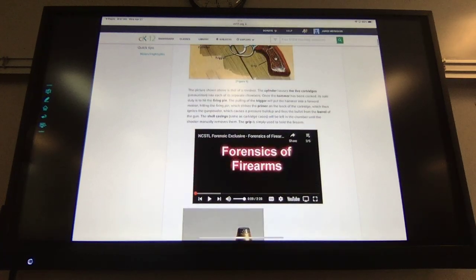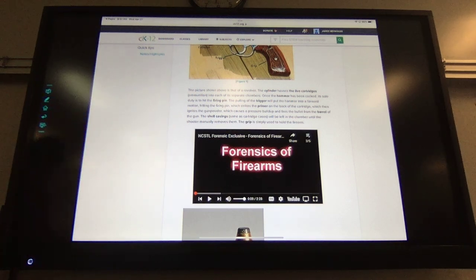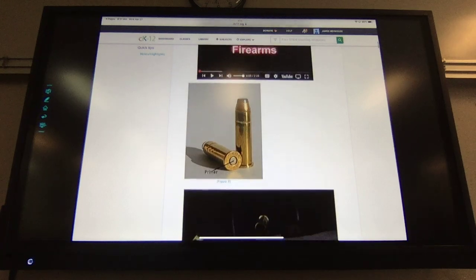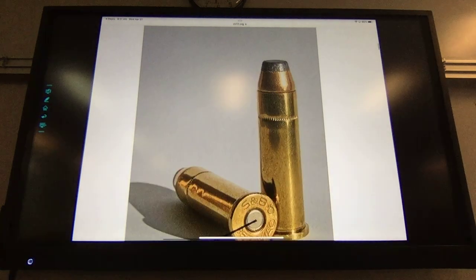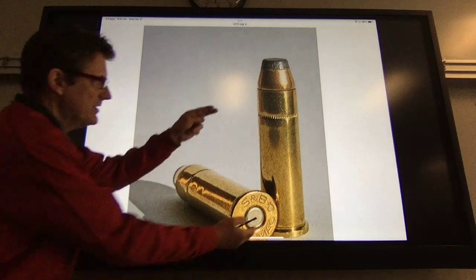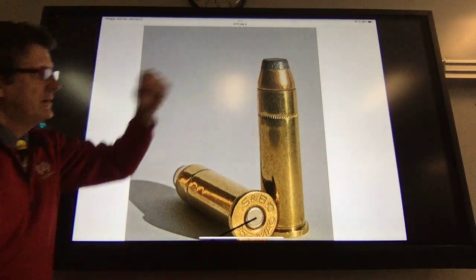So that is described right up here, and we're looking at the cartridge and what happens after that has fired. So there's the primer where the firing pin of the weapon will strike, and the bullet is just riding right there at the top. So most of it is the cartridge filled with fuel, and the bullet is only right up there.